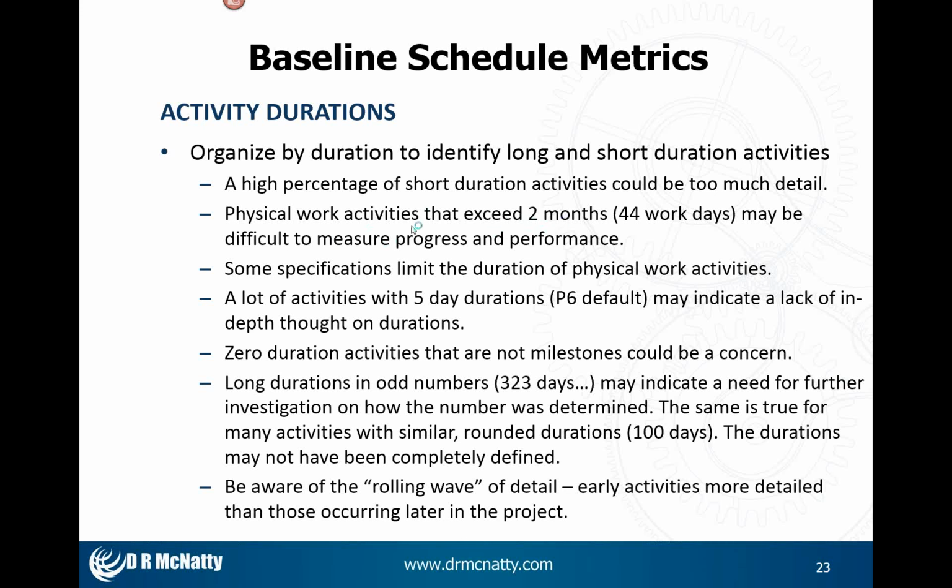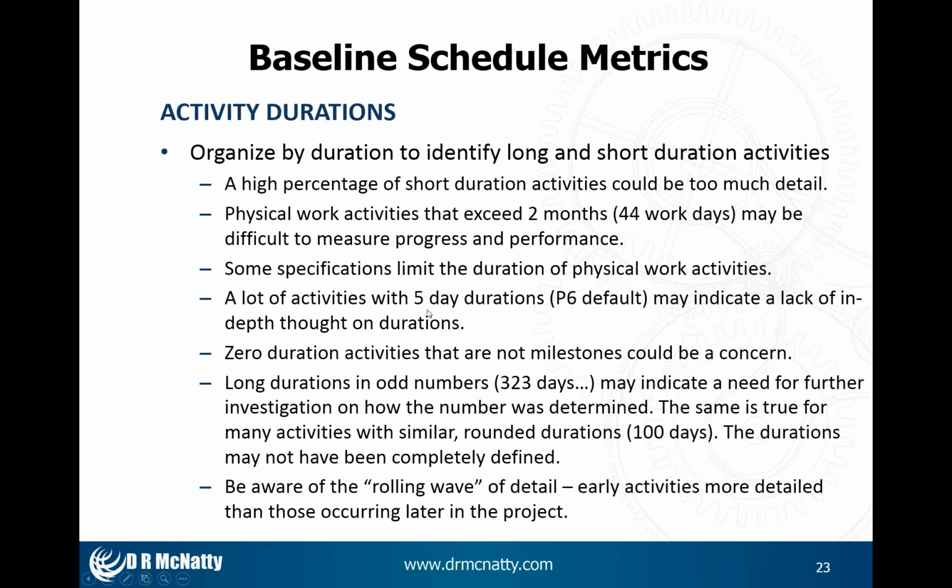Just remember that any work activity that exceeds 2 months, 44 days, could span 3 different monthly updates, and your progress measurement could be an issue. That's why we see a lot of specifications that ask for a maximum of 20 days on physical work activities.